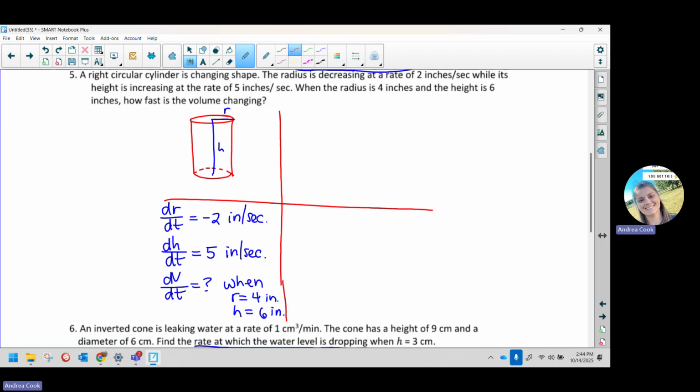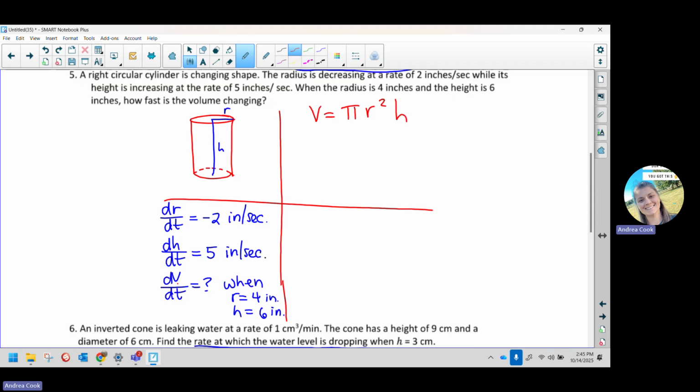We do not have triangles when we're talking about a cylinder. The only time you're going to have similar triangles is if it's a cone. Anytime you have a cone, you can change it into one variable because you have proportions. A cylinder doesn't come to a point. Since I'm finding dV over dt, I'm going to use the formula for volume.